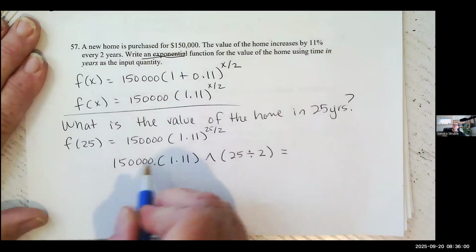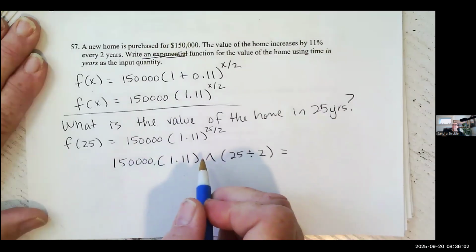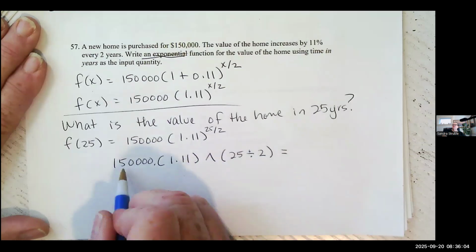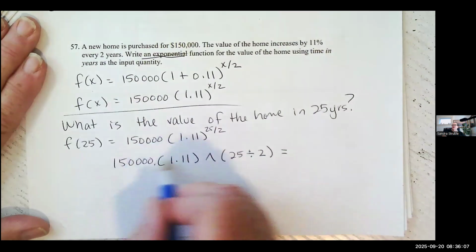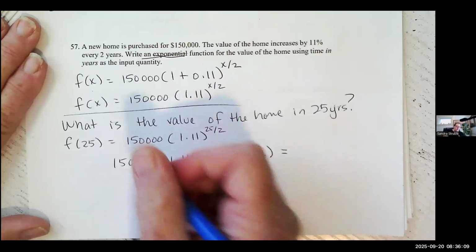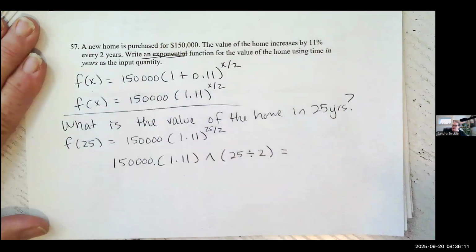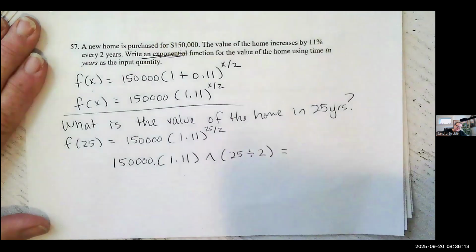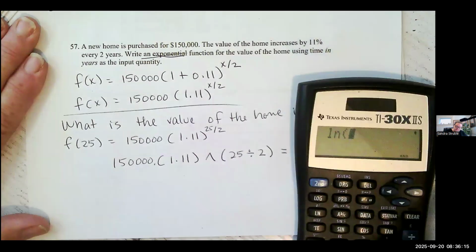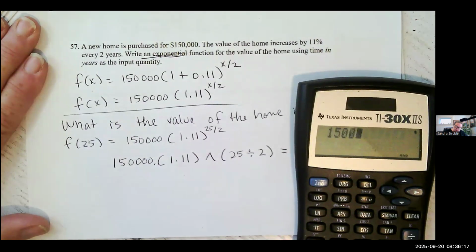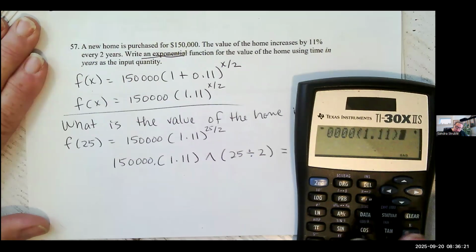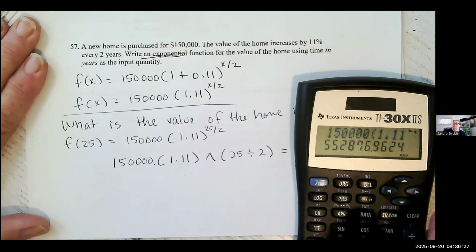Okay, everyone else, you're using a calculator from Itha's office, or your own, and this should work out perfectly for you. So I need to do this one. I haven't done this one yet. 150,000, parenthesis, 1.11, close, caret, open, 25 divided by 2, close, equals.